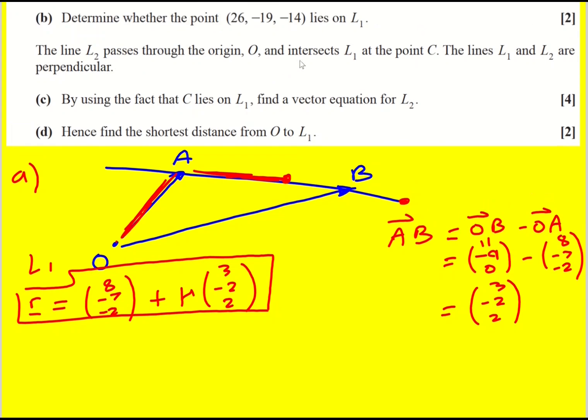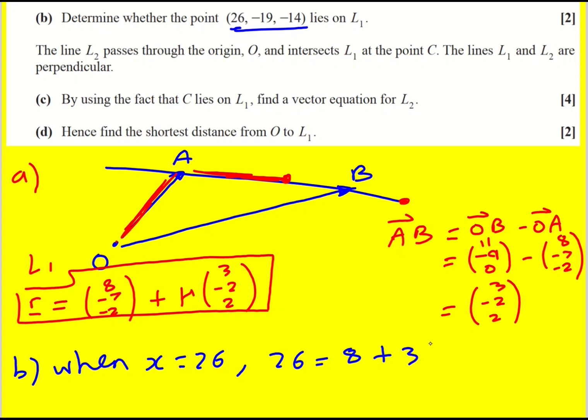We're then asked to determine whether that point lies on L1. So I'm just going to check what the value of mu is when x is 26. So when x equals 26, remember r is x, y, z. 26 is going to equal 8 plus 3 mu. So mu would equal 26 minus 8, 18, divided by 3, 6.